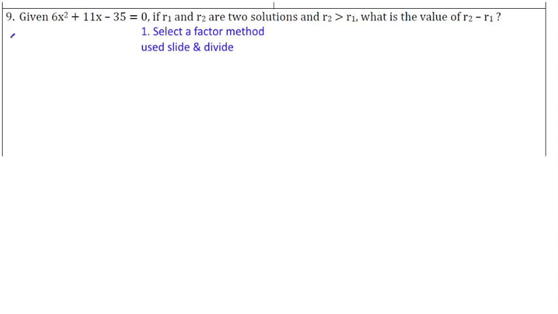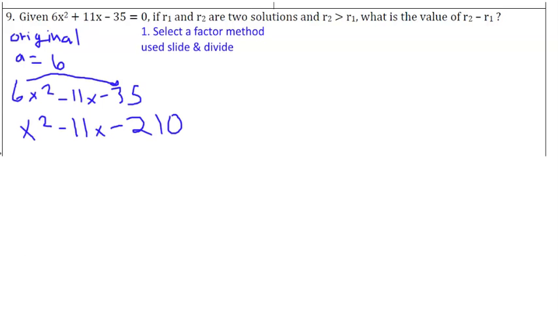So our original A is 6. So let's go ahead and slide it over to the C, go from there. Also, the reason why we could go straight into factoring is because it's already in standard form.